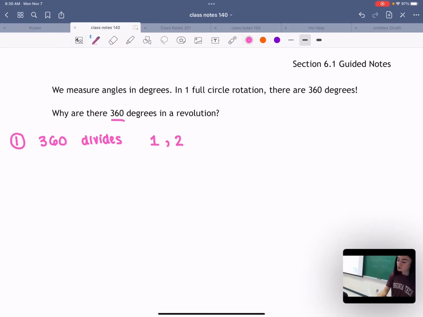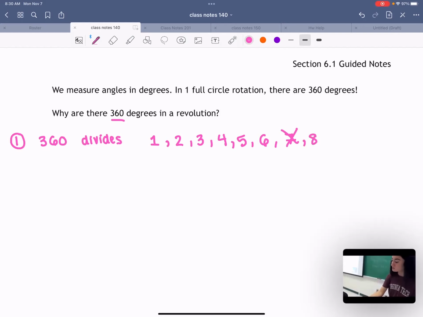I could divide 360 by 2 and get a whole number because, well, it's even. I could divide 360 by 3, right? 36 is divisible by 3, so 360 has to be divisible by 3. It's also divisible by 4, 5, 6. It's actually not divisible by 7, kind of a weird thing, but okay.